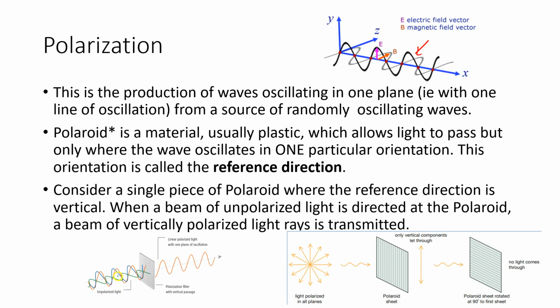Now, when that unpolarized light hits the slit, depending on the type of slit, if it's a vertical slit, it's going to only allow vertical waves to pass through it. As you can see on the other end, it's the orange wave that is passing through, and that is just because it's vertical and the slit is vertical.